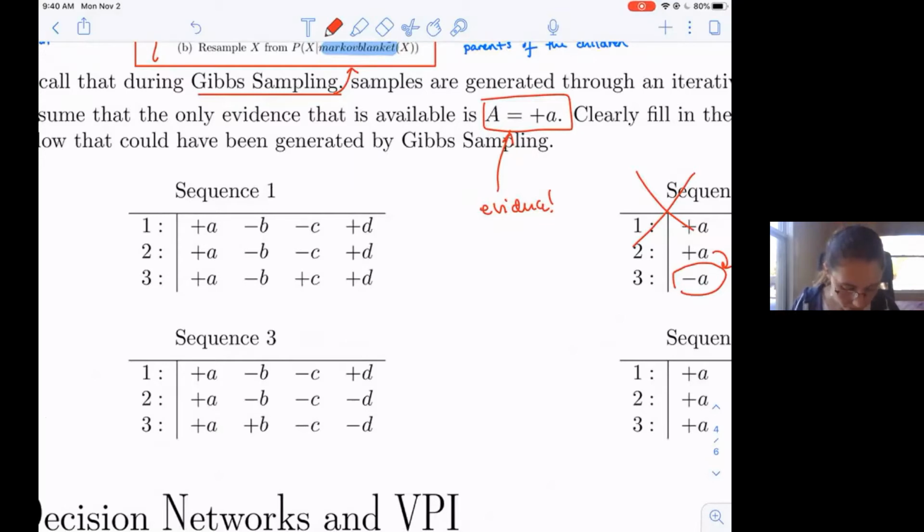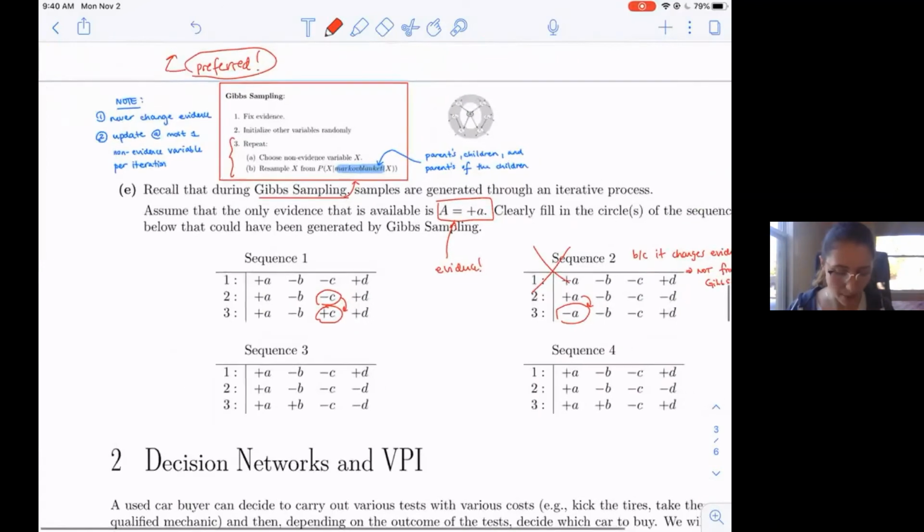But then we see between iteration 2 and 3, minus C becomes plus C. But that's okay. Again, we update at most one non-evidence variable per iteration. So everything looks good here in sequence number 1. This could have been generated via Gibbs sampling.